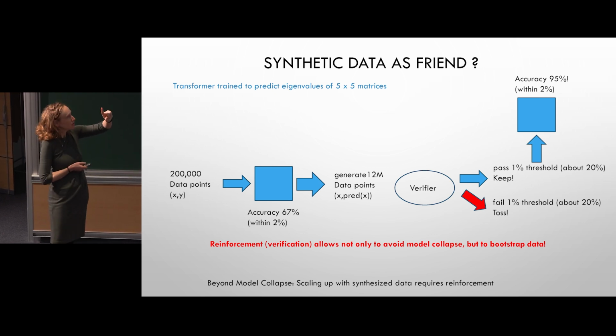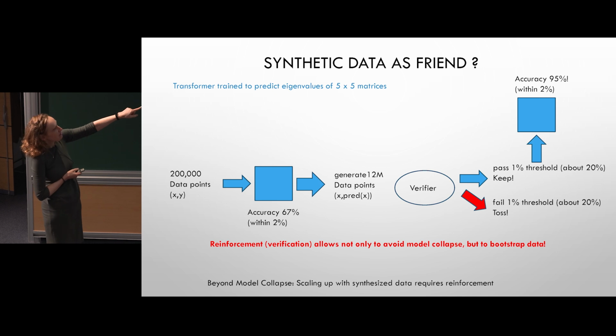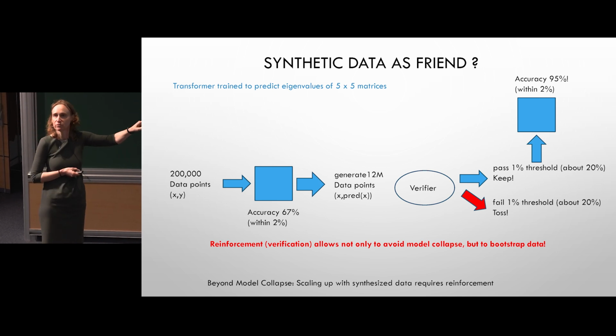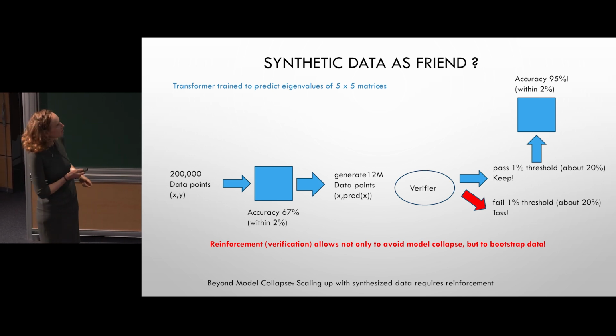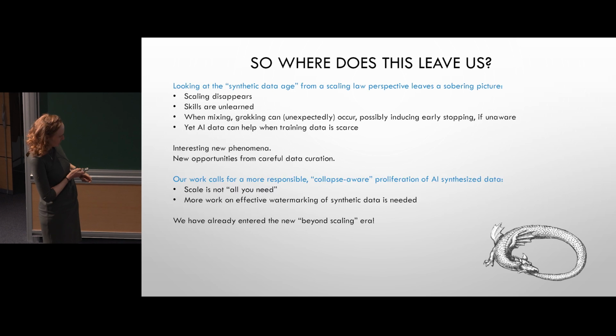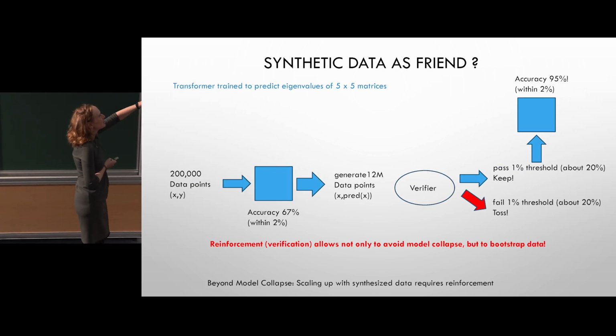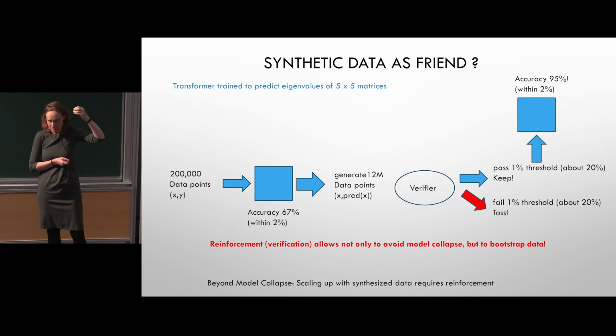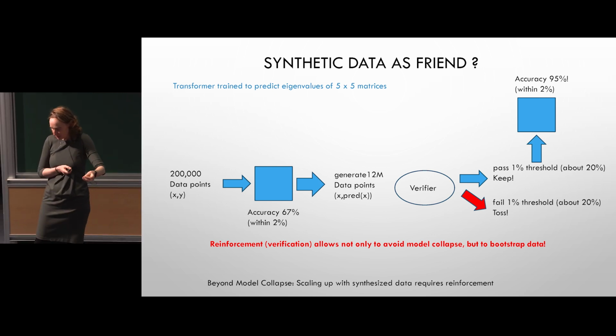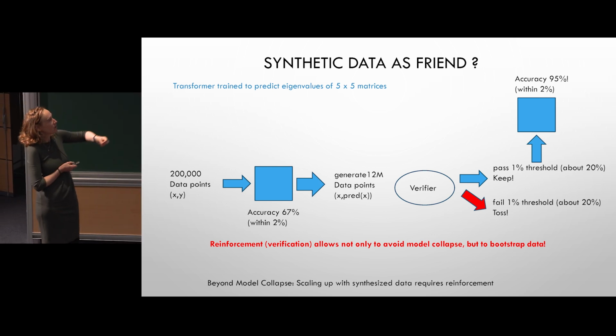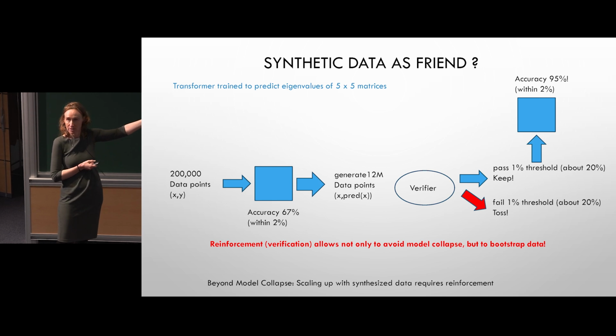95%. We called this paper, Scaling Up with Synthesized Data Requires Reinforcement. And I think that gives the message. The point here is that maybe synthetic data, even for math, might be useful as long as we have a cheap verifier.